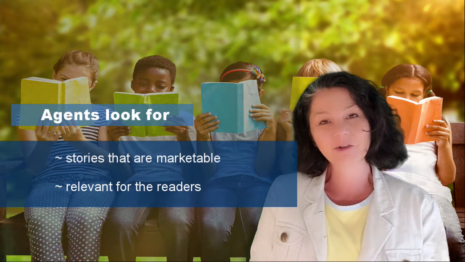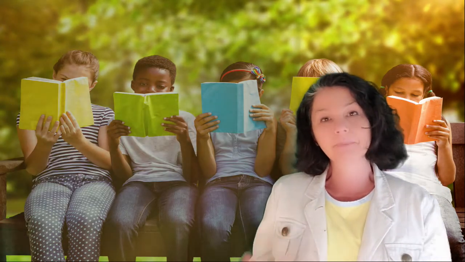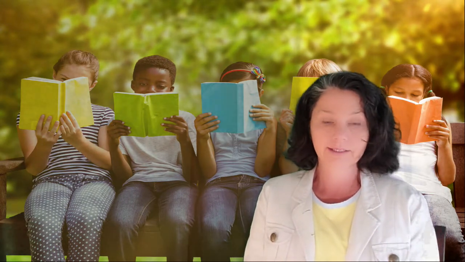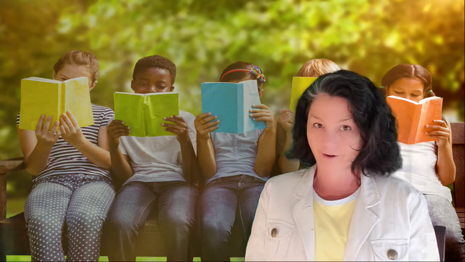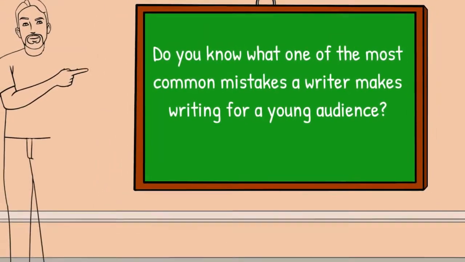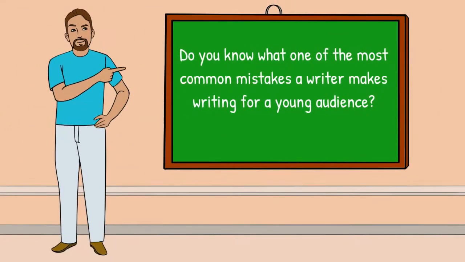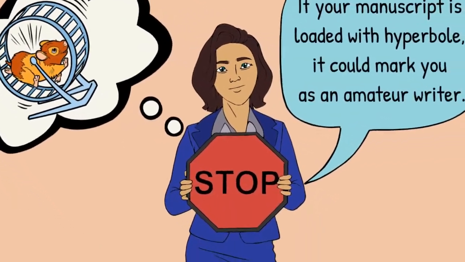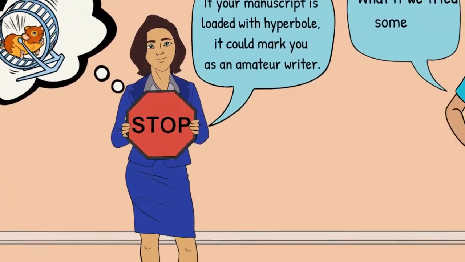Okay, let's get into our teaching today on what it means to write in hyperbolic language for you as a writer. Is that good or is it not? Do you know what one of the most common mistakes a writer makes writing for a young audience is? If your manuscript is loaded with hyperbole, it could mark you as an amateur writer.